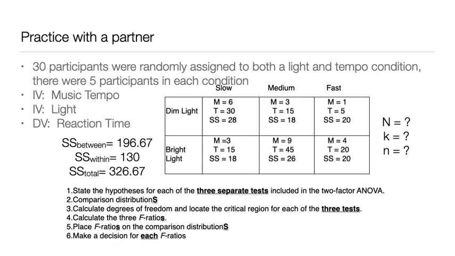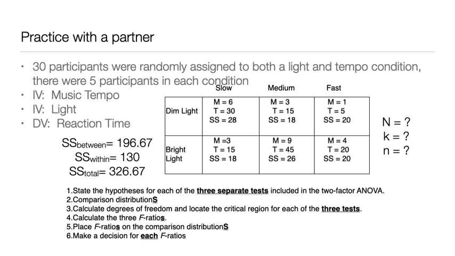We're going to start at step 1. Notice we've already calculated sums of squares between treatments, within, and total for you. We will still need to calculate our degrees of freedom. Our big N is 30 participants.